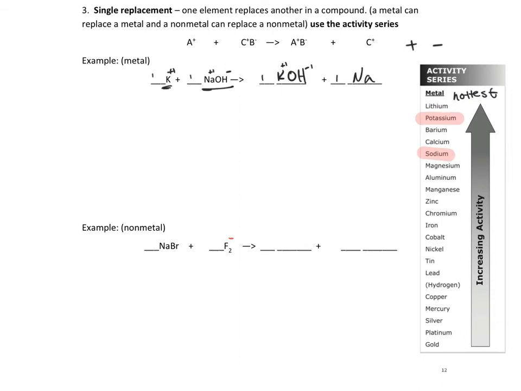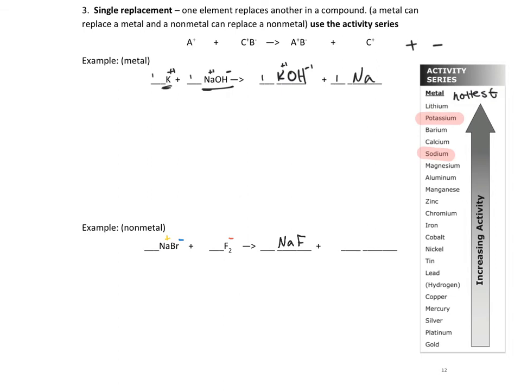In the compound, sodium is a positive, because you go look on the chart, and bromine is a negative. So fluorine doesn't want to get with bromine, wants to get with sodium. So what's going to happen is that fluorine is going to kick bromine out of that relationship and get together with sodium. So you get sodium F, or sodium fluoride.